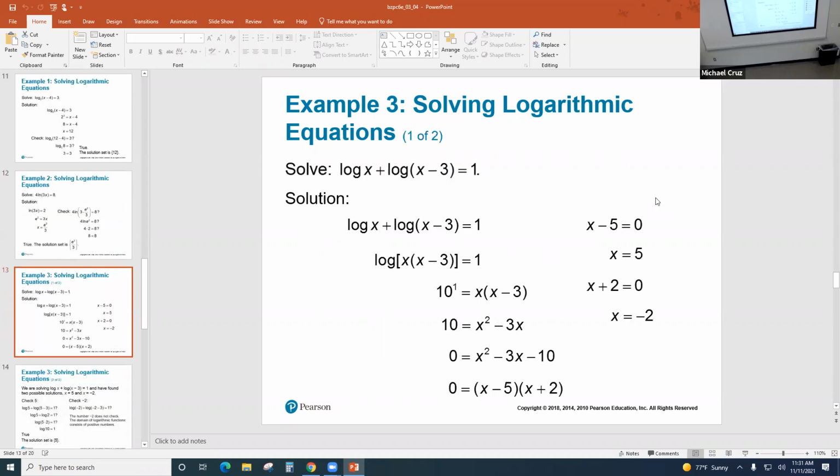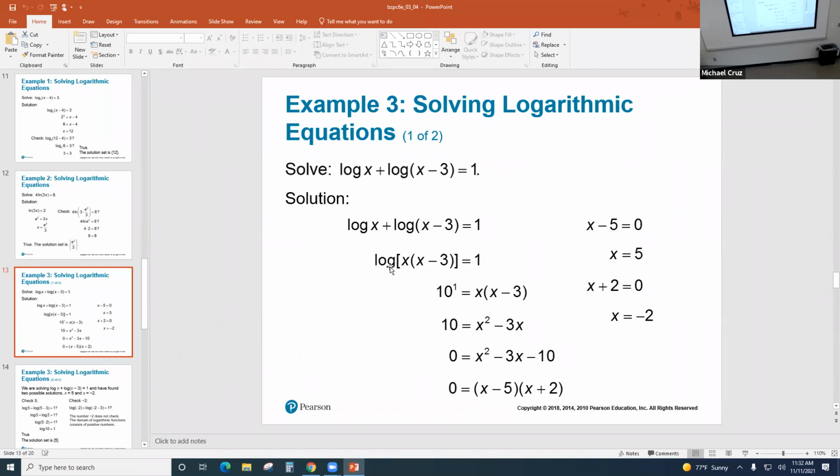All right, so let's look at another one here. We can use the product rule backwards to condense this into one logarithm, because it's adding logs with the same base. So it's x times x minus 3, one logarithm, is equal to 1.